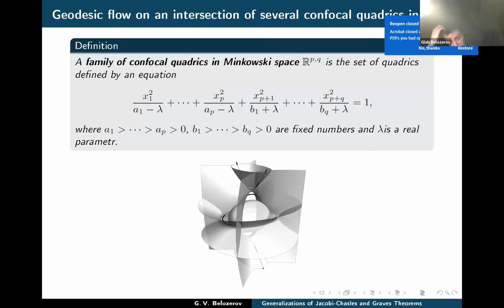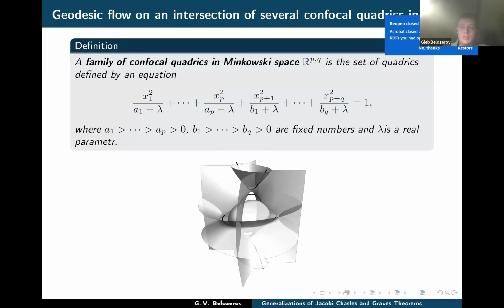Remark that this definition of a family of confocal quadrics is quite reasonable because Q signs plus we change to minus, or Q signs minus we change to plus. So it's a reasonable generalization of the family of confocal quadrics.